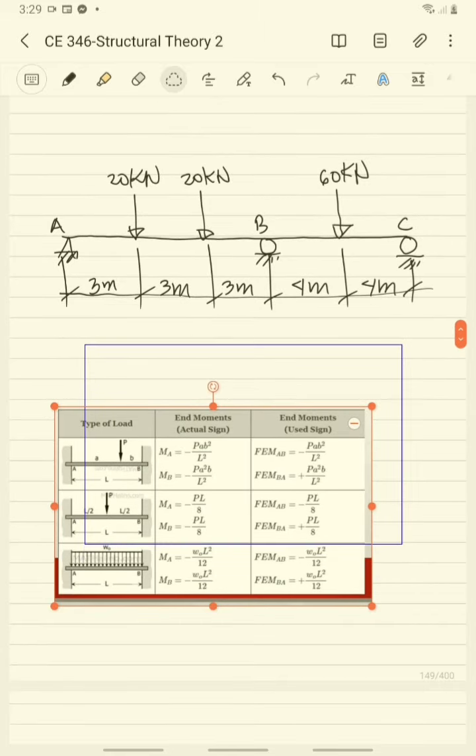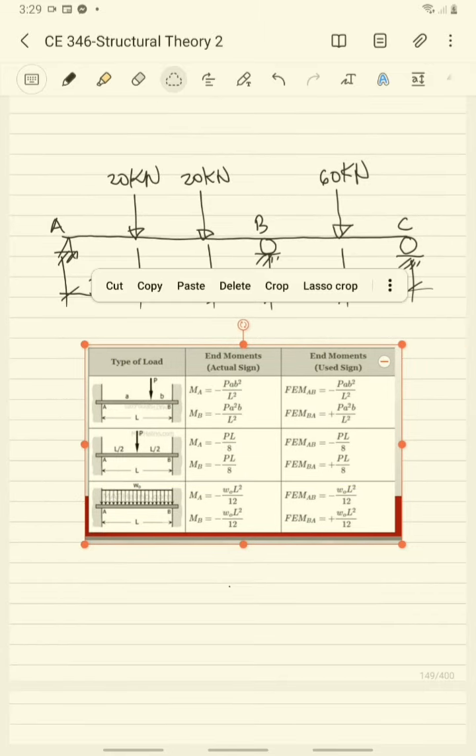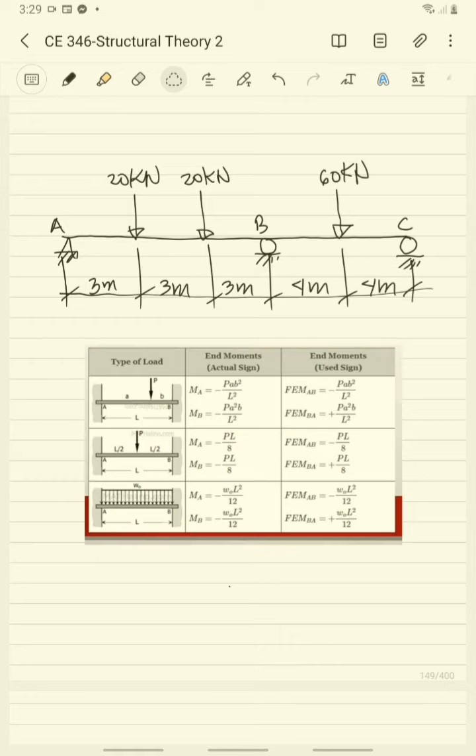You can find it in a strength of materials book or a theory of structures book. So we will compute the fixed end moment of each support.